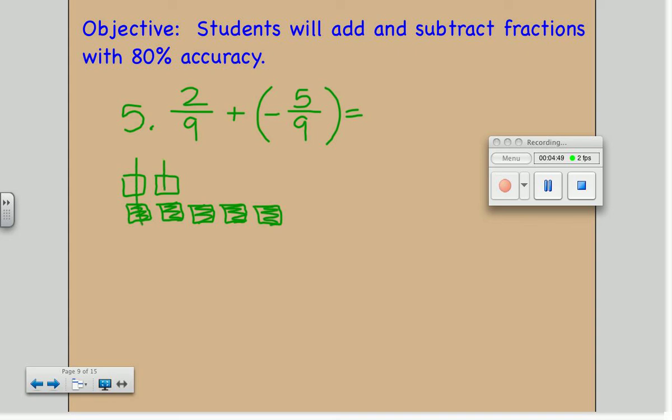Zero pairs. I have negative 3. And the denominator stays the same. Negative 3/9. To reduce it, you can divide both of these by 3. Negative 3 divided by 3 is 1. 9 divided by 3 is 3. Negative 1/3.